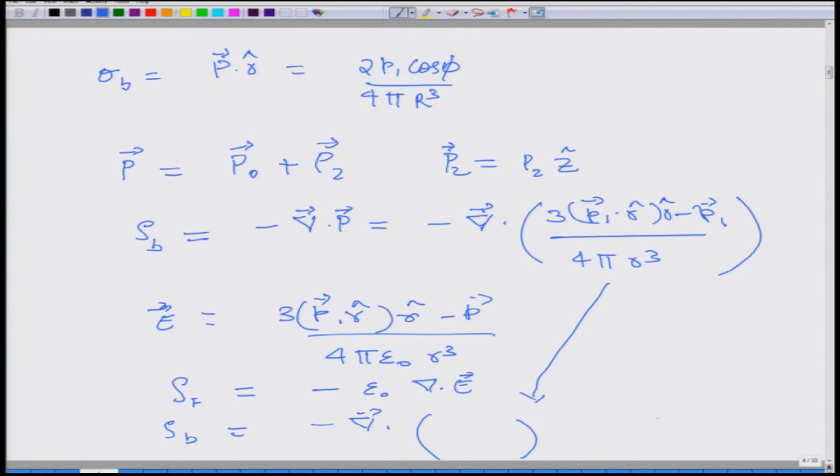So this can be treated as if this is equivalent to having a dipole minus p1 z cap.